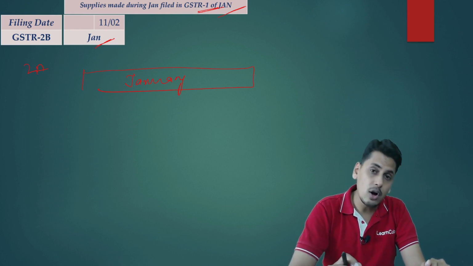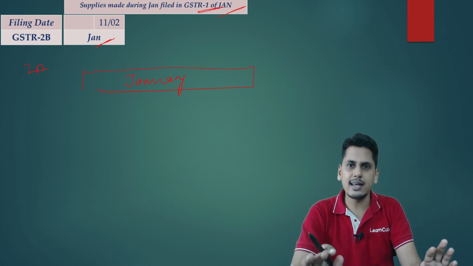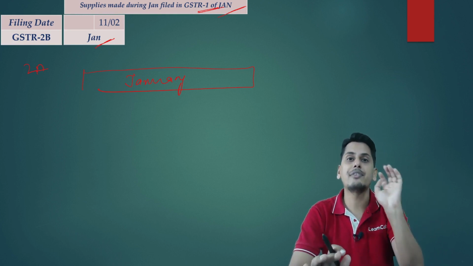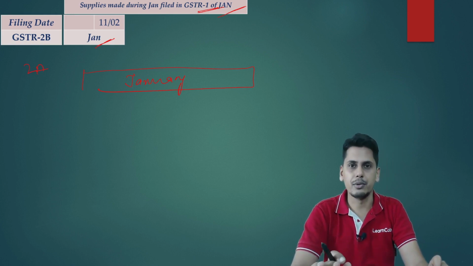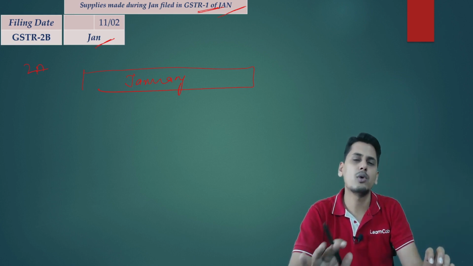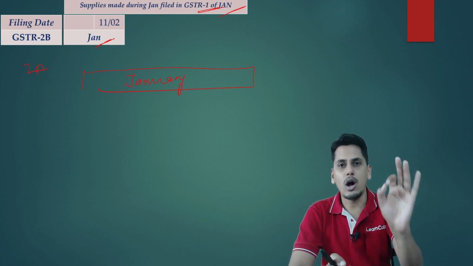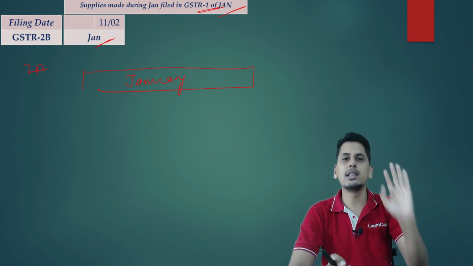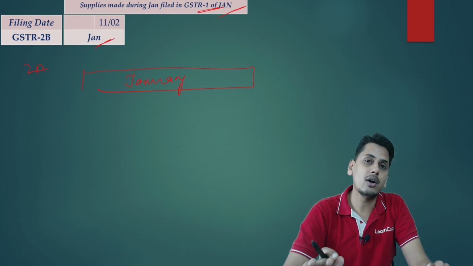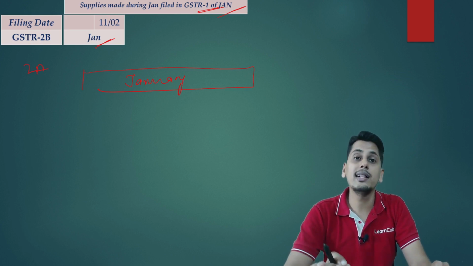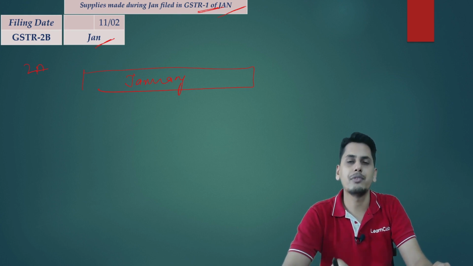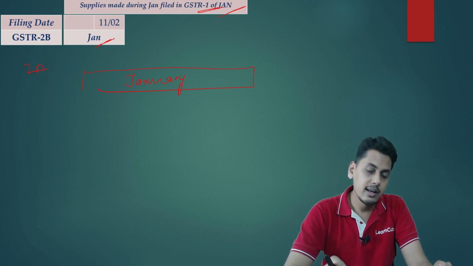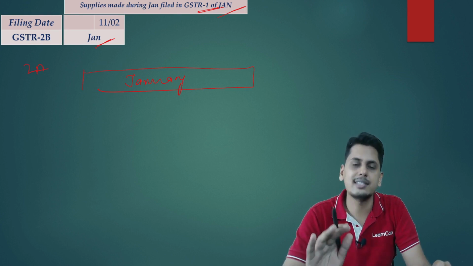If it is filed after 11th of February, which means either on 12th of February or after 12th of February, it would appear in February month's GSTR-2B.